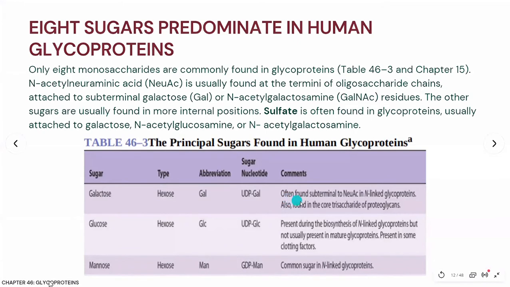Often found at the subterminal to neuraminic acid in nitrogen-linked glycoproteins. Also found in the core trisaccharide of proteoglycans. That's their location. Another sugar, glucose.